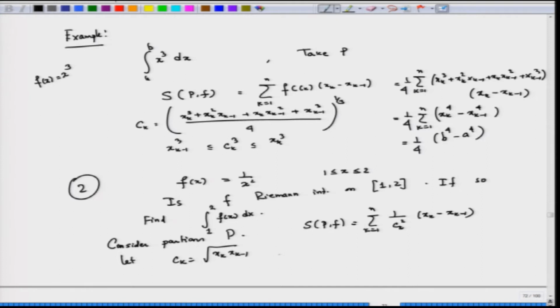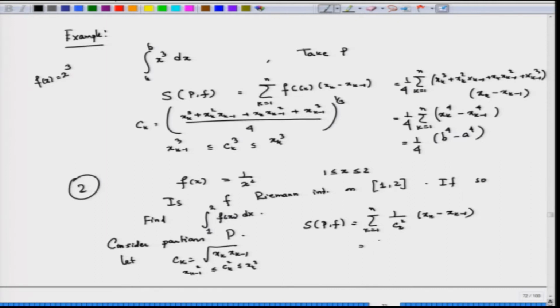Now, as you can see, x_{k-1} square is less than or equal to c_k square, which is less than or equal to x_k square. So, c_k is lying between x_{k-1} and x_k. That is a very good choice for us.